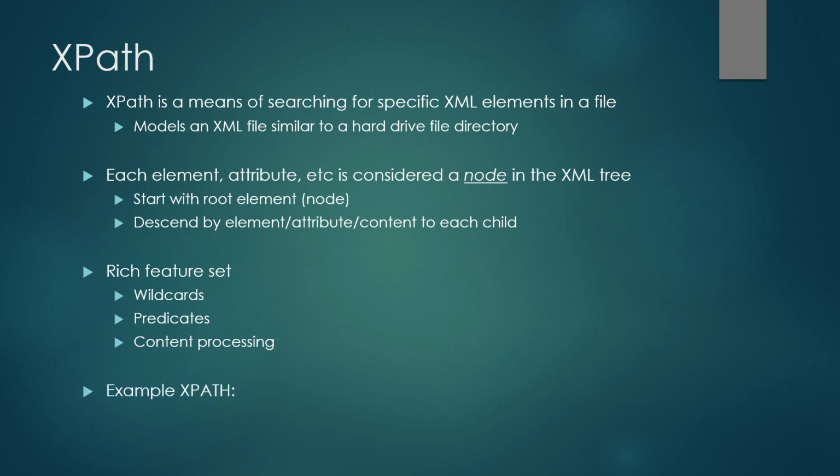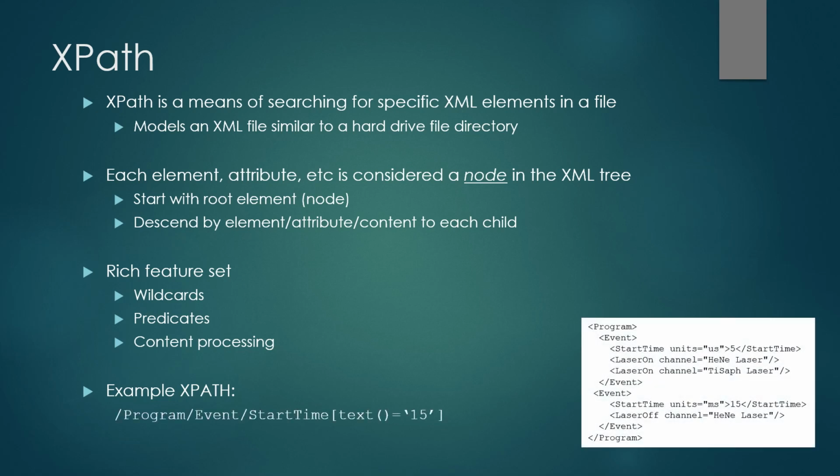So let's look at an example. I've never said what an XPath is. You've never seen one. So let's look at one. This is an XML file here, based off of our previous work on a schema. And this is an example of an XPath. We're going to delve into this, but basically what it's saying is, starting at the root, find the program tag, find all the program tags in particular.